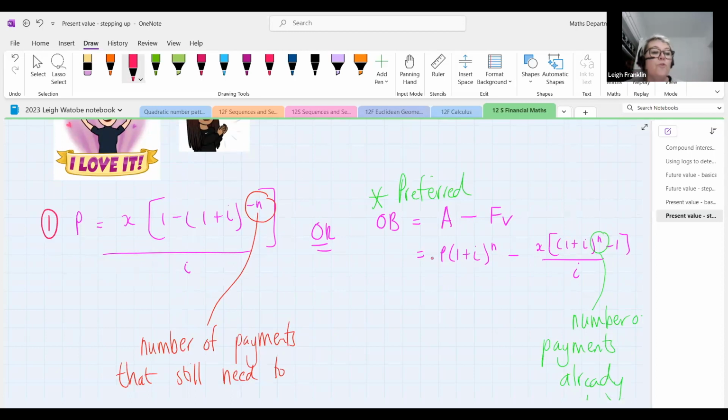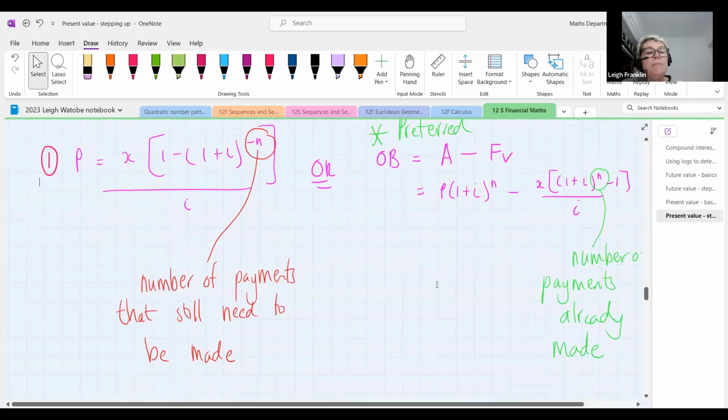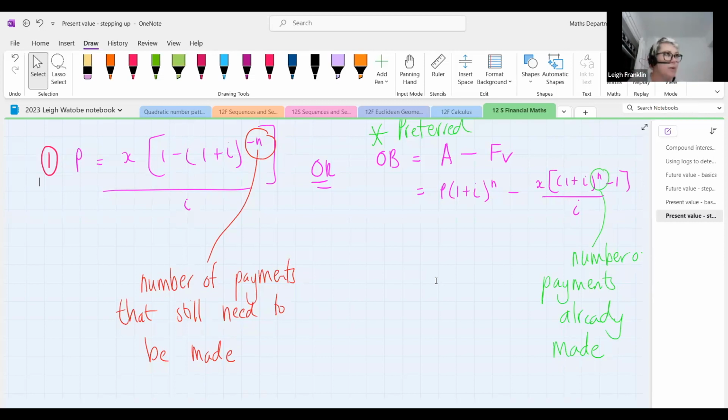If you do it the first way, using the present value formula, N has to be the number of payments that still need to be made. This is very important. I hope you are taking screenshots. That makes sense to us if we understand the present value formula.